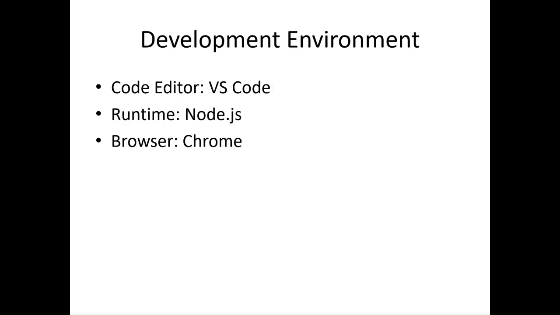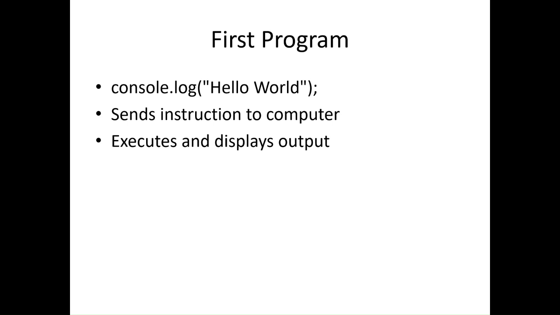So, development environment. The AI code editor we'll be using is VS Code, right? With GitHub Copilot, all right. And then for the backend, it's going to be Node.js. You have to install the Node.js runtime, and then of course you need your browser.